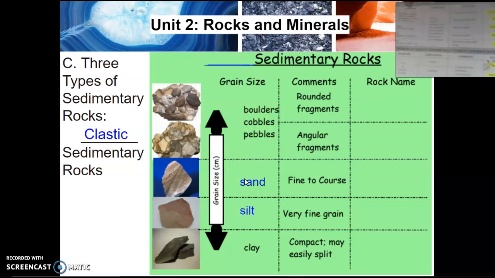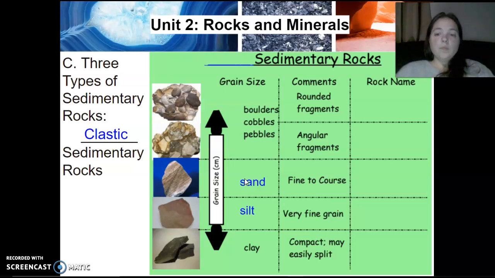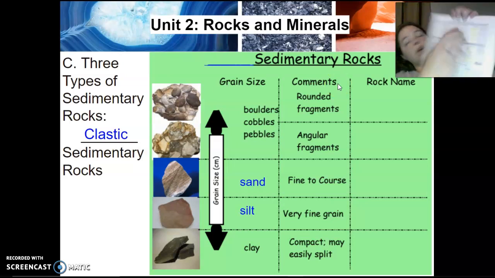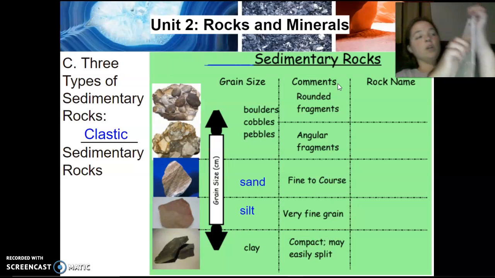It's at this top part right there. So you've got grain size and comments. You also have composition, but right now we're going to look at comments.